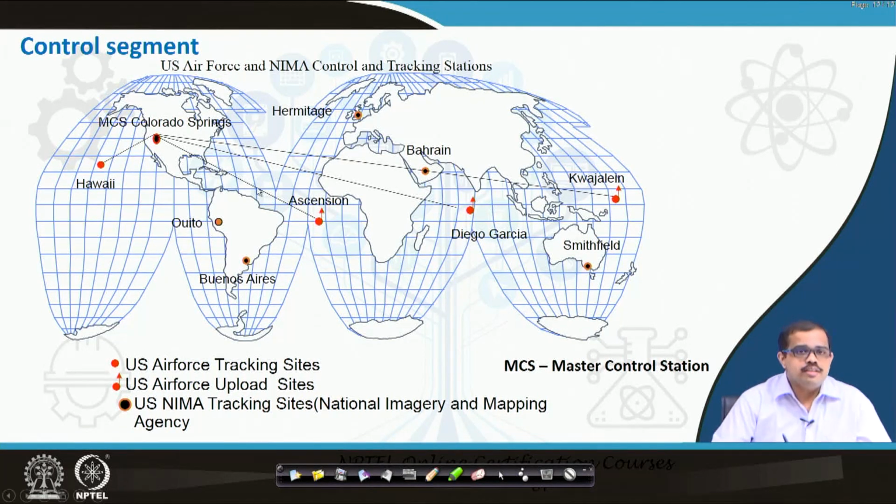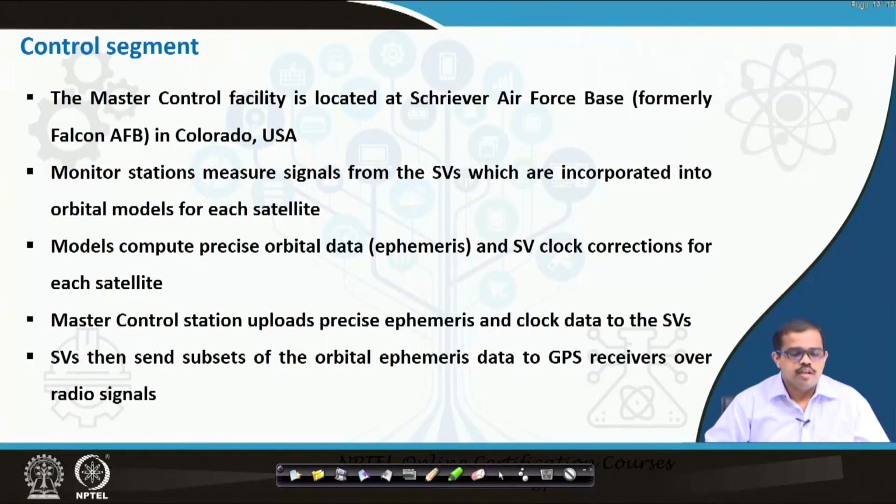And when you look at the US NIMA tracking sites, that is the National Imagery and Mapping Agency, which is probably for your public interface, you have sites located here in Bahrain, in Buenos Aires, and in Smithfield. All of these are for the Imagery and Mapping Agency, and most importantly for civilian purposes, where the civilian signals are corrected and sent back. Okay.